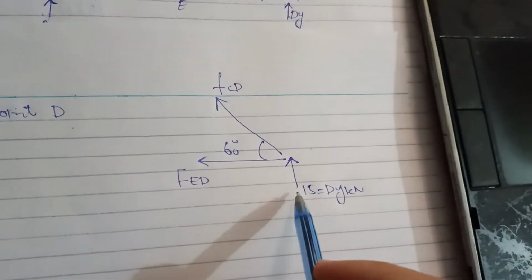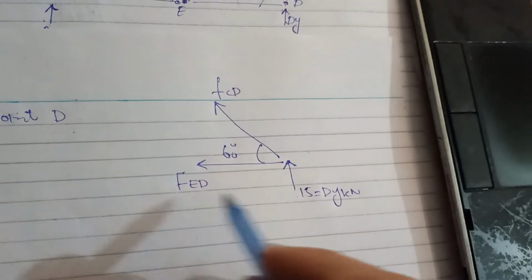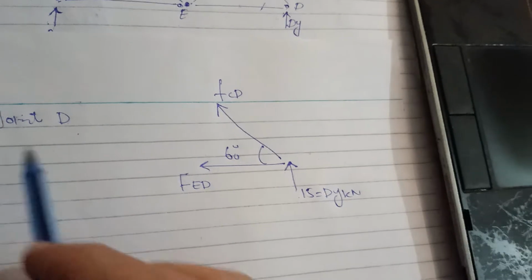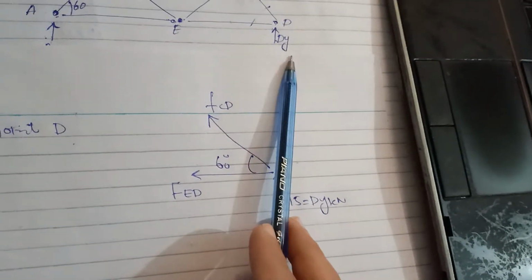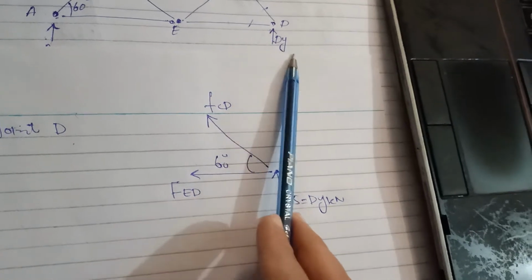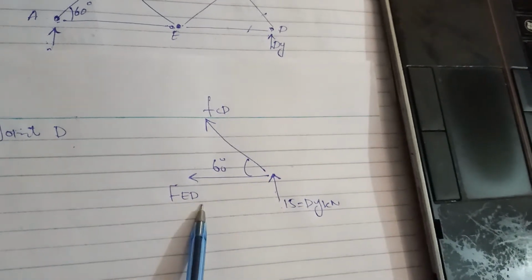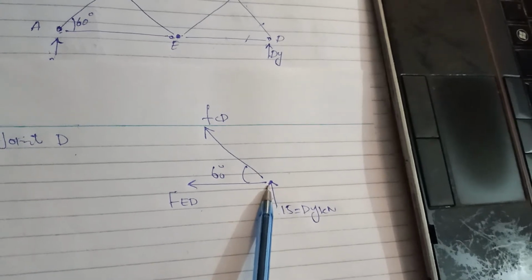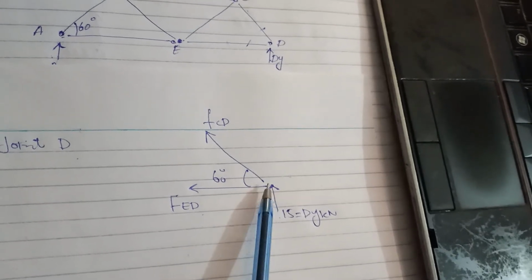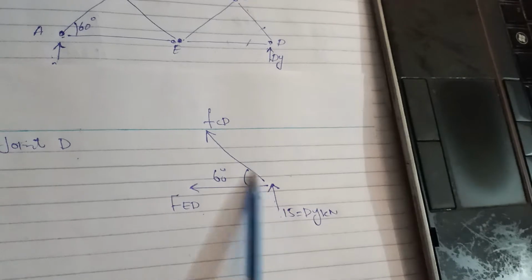Okay, so I draw the joint as I had drawn joint A, and this is the 15 kilonewton upward force, the reaction Dy that we have found, and this is force ED. I have told you that always use the direction away from the joint. Okay, this is your assumption.